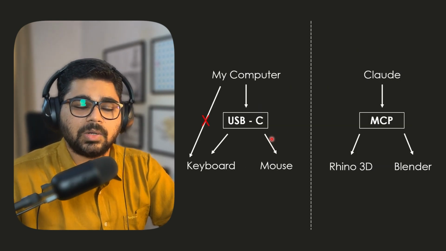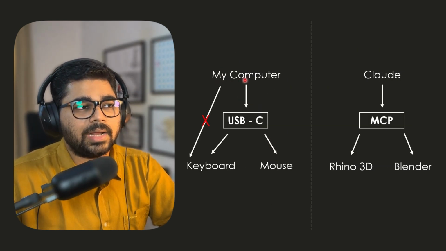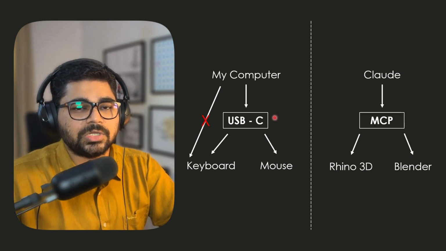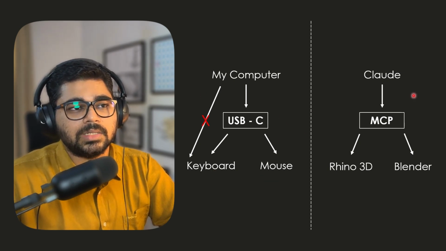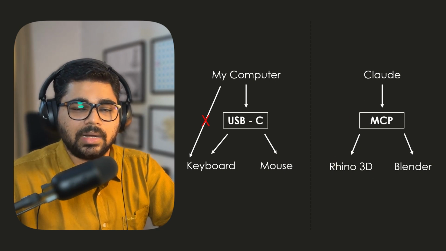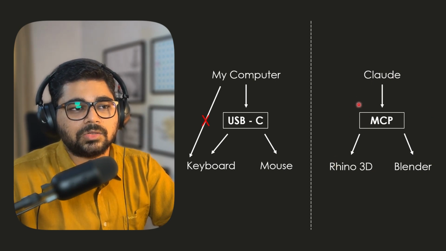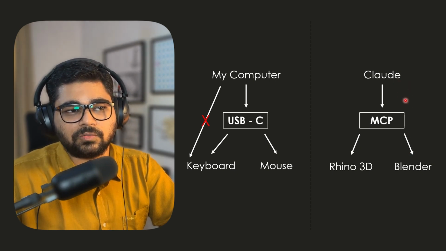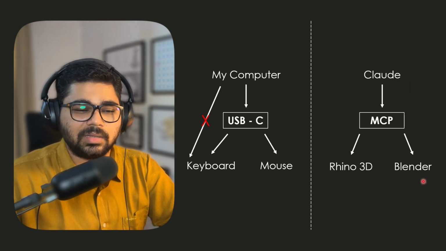Just to see this a little bit visually, I cannot directly connect my computer to an external keyboard and mouse, right? So I have USB-C or Bluetooth, right? Similarly, in this case, Claude can't directly access Rhino or Blender because it's not trained with it. So then MCP comes in between and helps both of us, which is Claude and Rhino, okay?